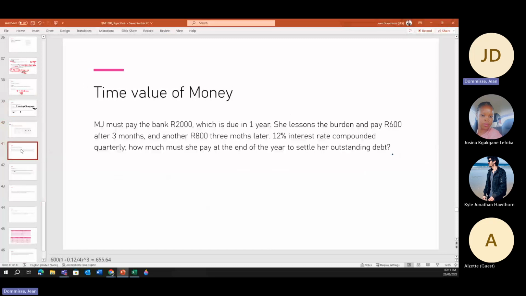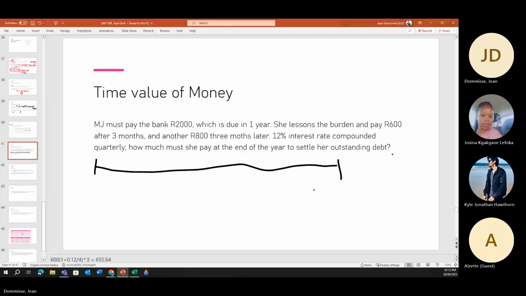Okay, so what you will also get is a question around time value of money, but what they want to test with something like this is that you can nearly draw a timeline.